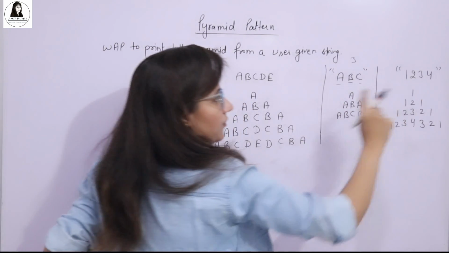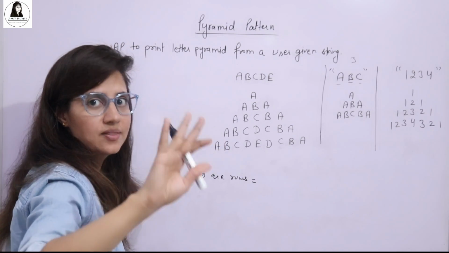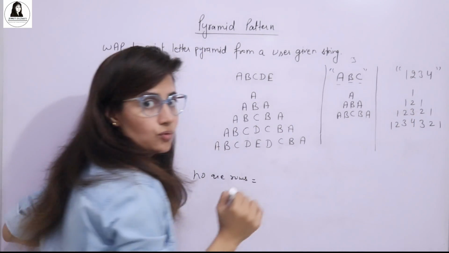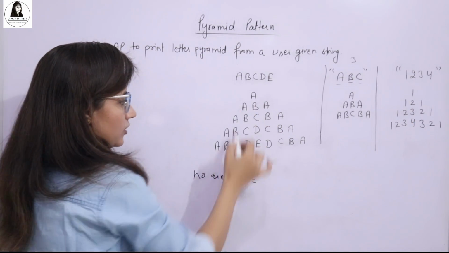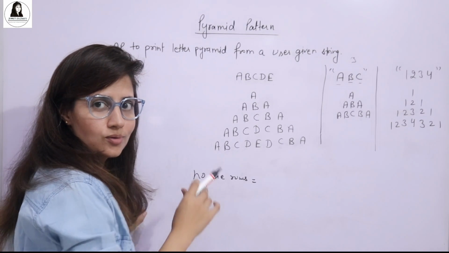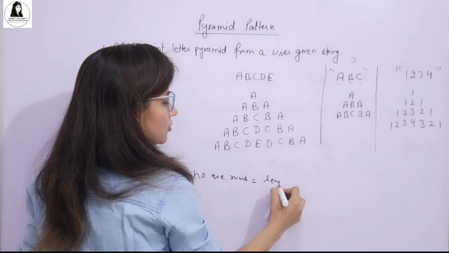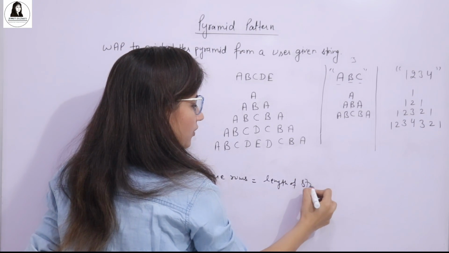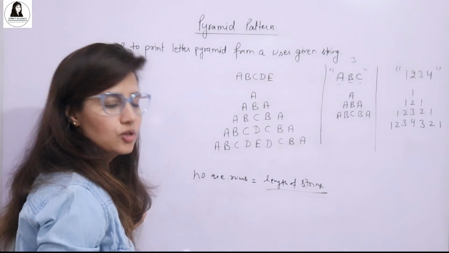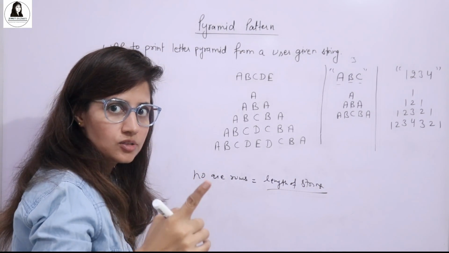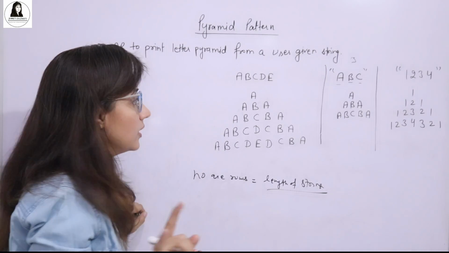Here the string has 4 characters, so the length is 4 and there are 4 rows. Here the length is 5, so we have 5 rows. So this is final: the number of rows is equal to the length of the string. So you have to find out the length of the string. You have the length function and the size function, based on which you can find the length.